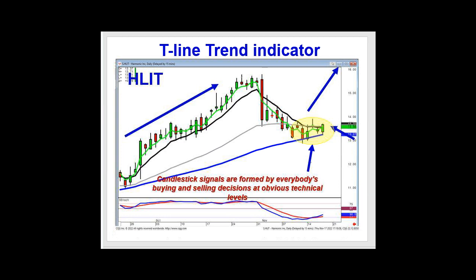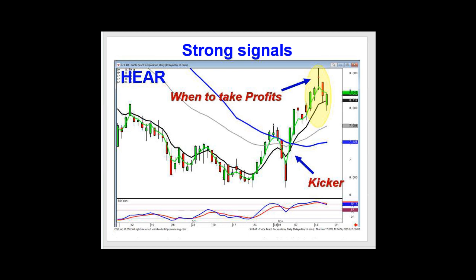See if I can find a clear one. It opens here, closes here. The next day they gap it up at or above the previous day's open and go the opposite direction.